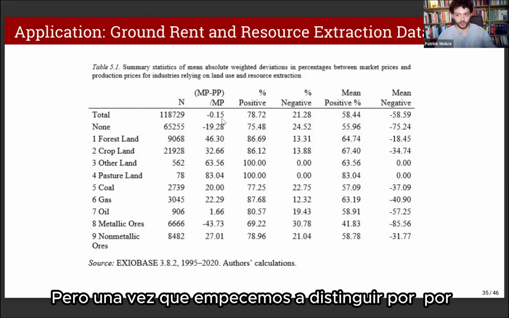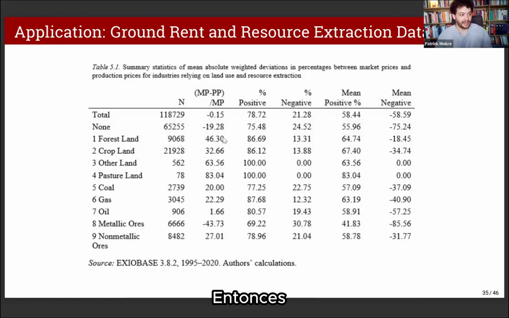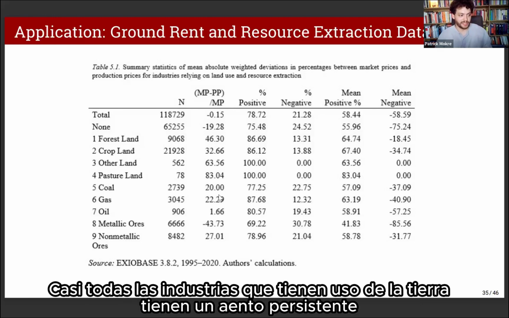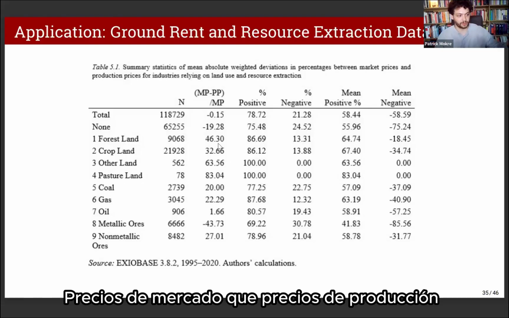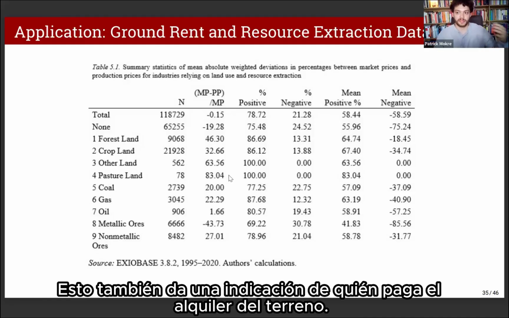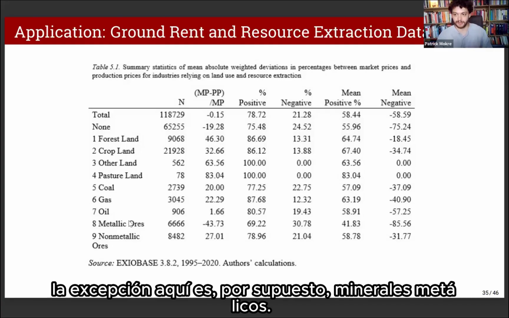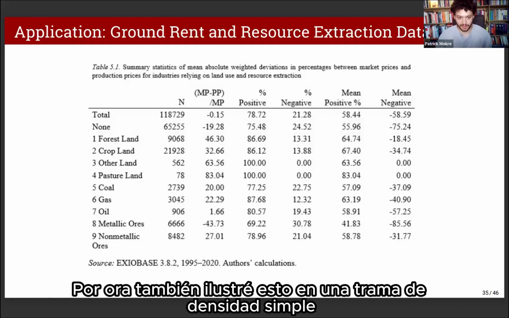But once we start distinguishing by land use and extraction, then almost all industries that have land use have persistently higher market prices than production prices, and those who don't use land and resource extraction have lower ones. This also gives an indication who pays for ground rent. That is all the other industries that buy circulating capitals from the landed properties. The exception here is, of course, metallic ores for now.